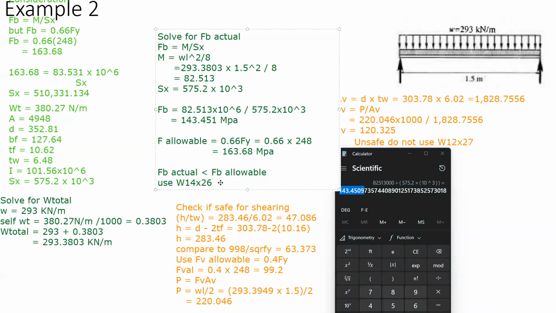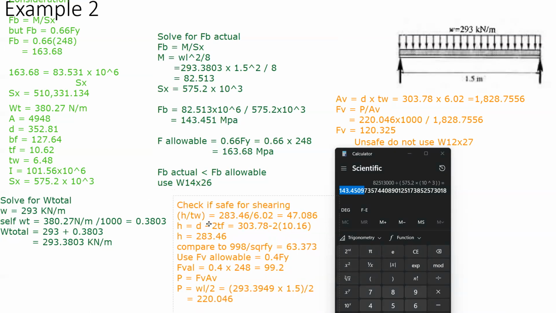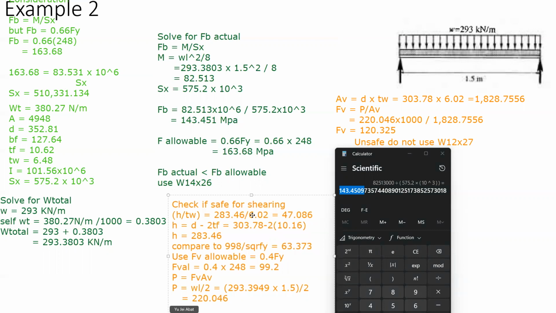Ayan. Tapos check ulit natin if safe for shearing. H is equal to T over W. Magbabago tong value na to. Let us first solve for H. This is 352.81 minus TF. That is 10.62.